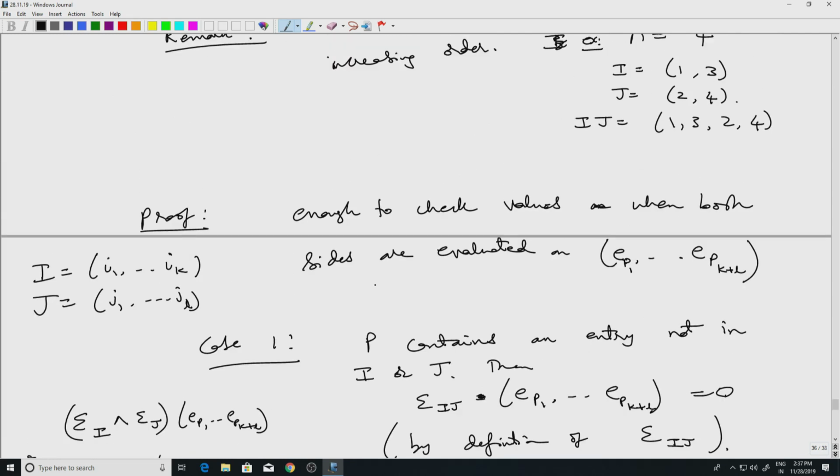So case 1, but if I drop that condition, then I have to add one more case, which I will call case 0. This being the case that P equals p1 up to p_{k+l} has a repeated index.